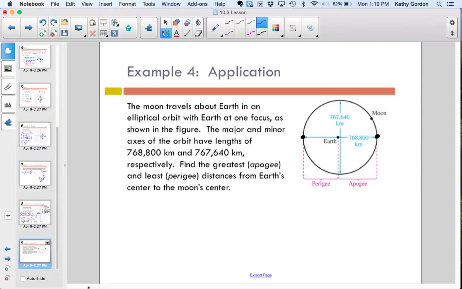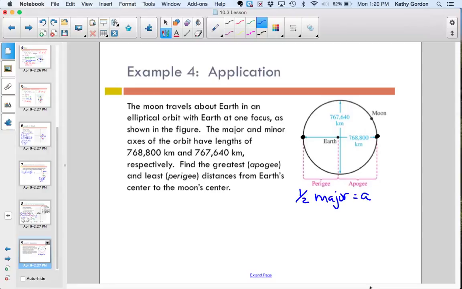Okay, but if you go back to what you said a second ago, if we take half of the major axis, what have we just found? A. So it's not so much about the center in terms of the ordered pair, the point.